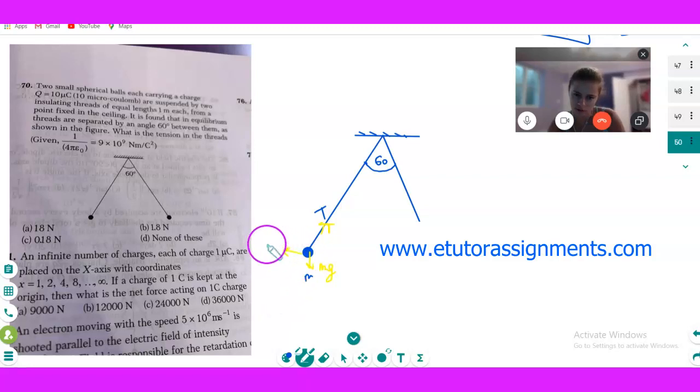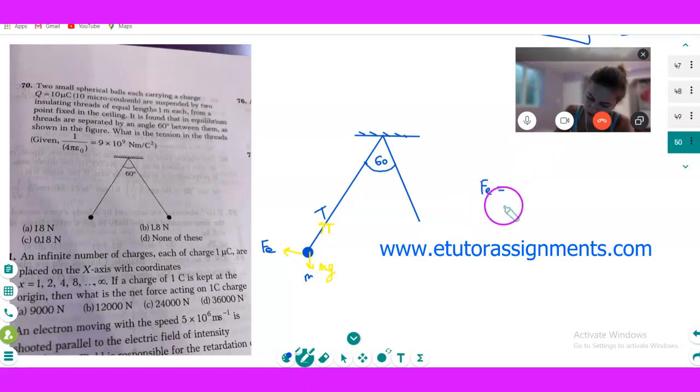F E, electric force. You have to make only one because the other is similar. Okay. Fe is how much? Please tell me.